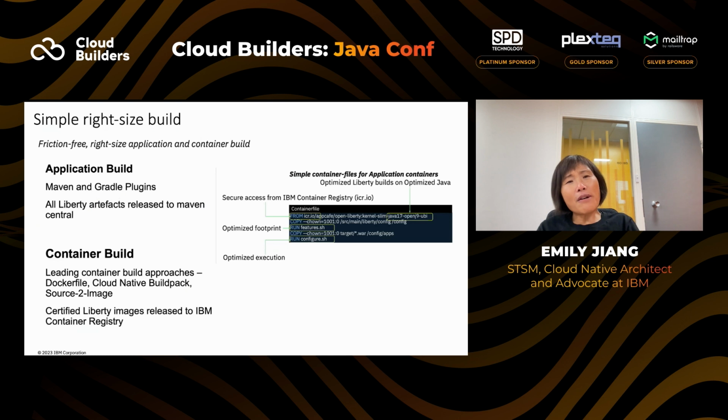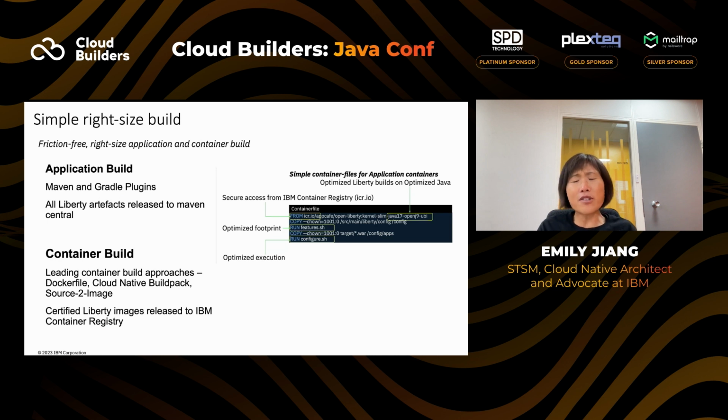Apart from the build, nowadays we use either Maven or Gradle, and Open Liberty has Maven and Gradle plugins to assist your development. It also has really nice support for container builds. In your Dockerfile, you specify your base image.